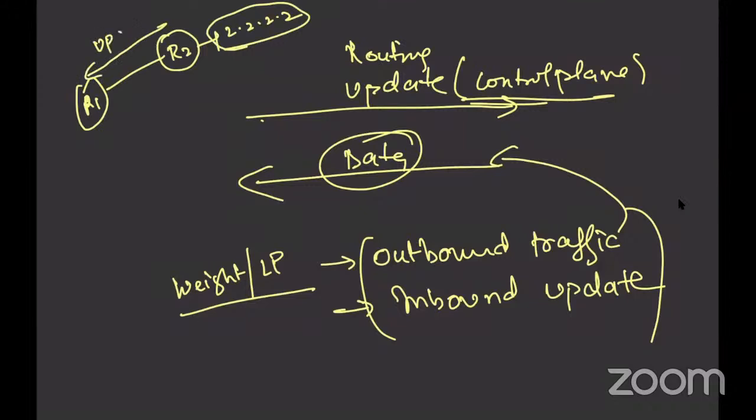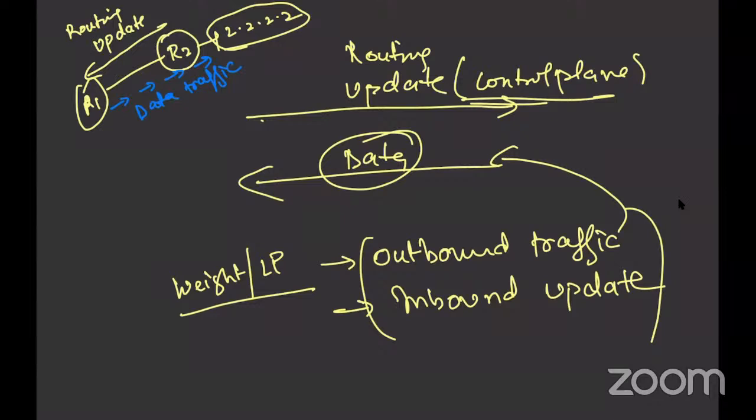This is your routing update. When R1 gets it, it learns that 2.2.2.2 is reachable via R2, and R1 then sends its data to R2. So this is your data traffic. You can see that data traffic goes in the opposite direction of the update traffic. It is not only about BGP, it is about every routing protocol.